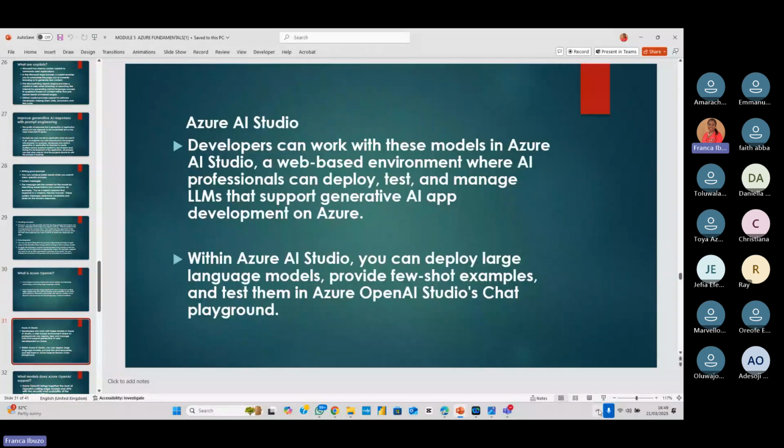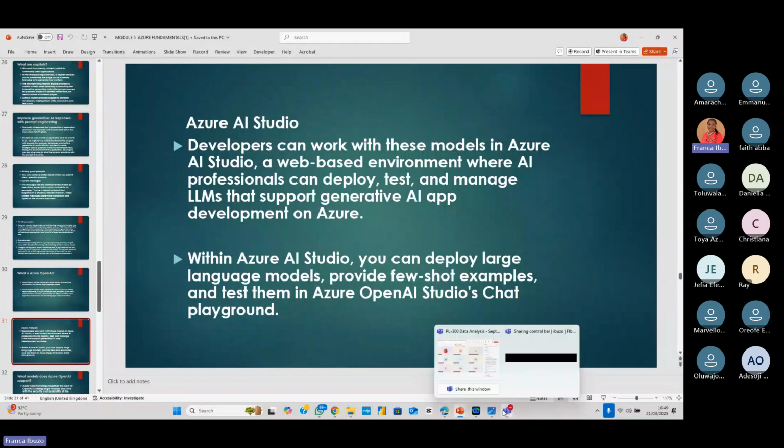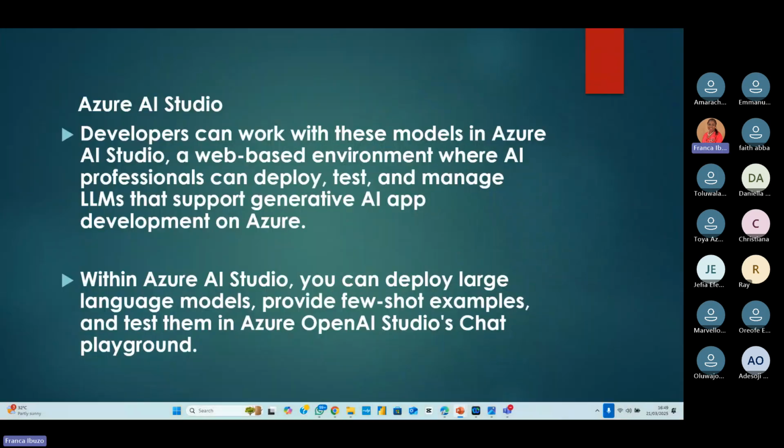Okay, so you have the AI Studio. You've used the AI Studio for one of the projects, have you? I need feedback. Who has used Azure AI Studio? Can anyone hear me? What's going on?